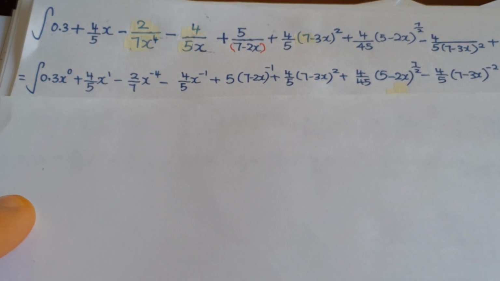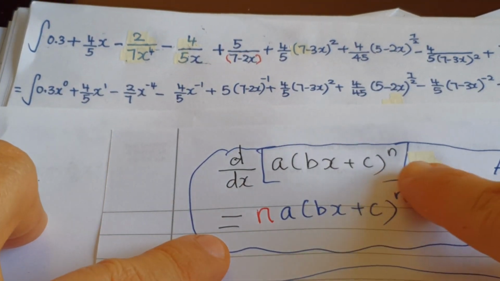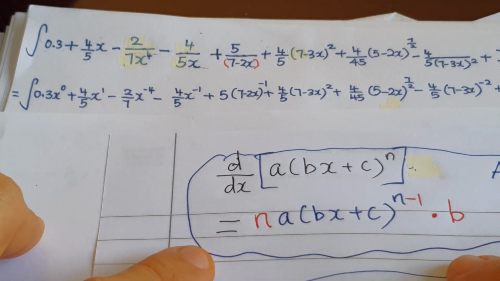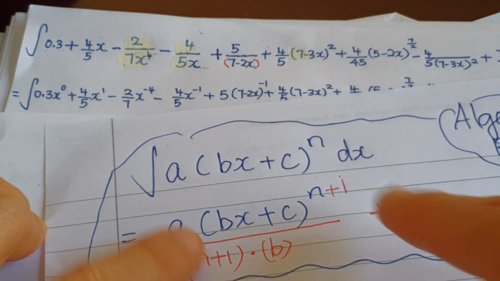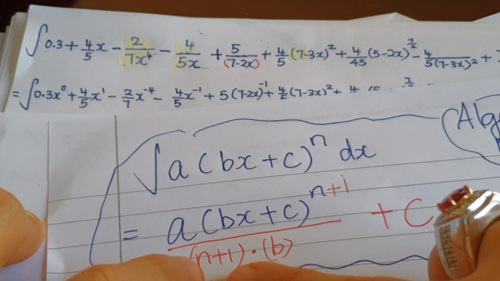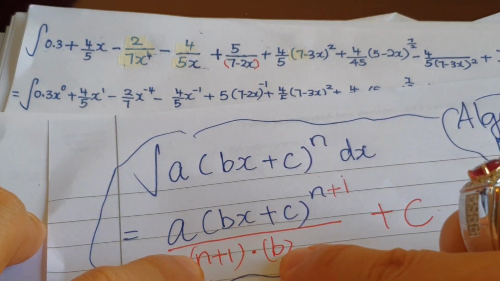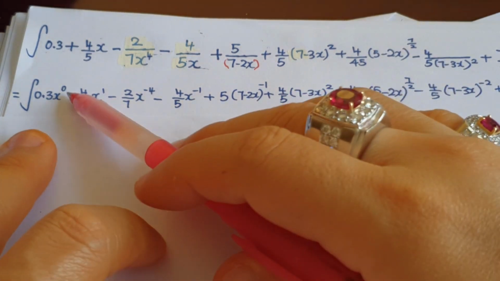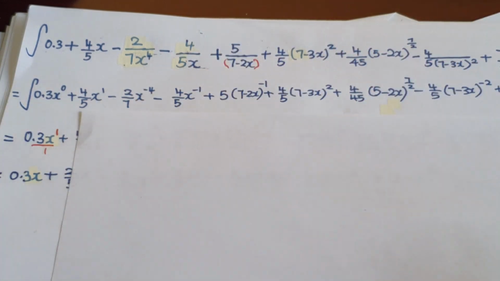Okay, now I'm going to integrate. How do I integrate? If you remember, it is power plus 1 divided by the new power, then differentiate the inside, the big X, then you get this. Okay, so power plus 1 divided by new power will be this.